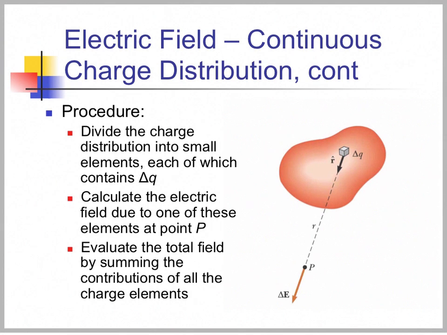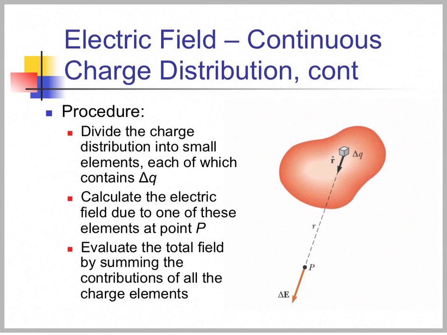So how do I figure out the electric field due to a continuous charge distribution? Well, let's look over here at this blob of charge. What we're going to do is, instead of worrying about all this charge, look at a very small piece of the charge. We'll say its charge is delta Q. So we're going to divide this charge distribution into small elements, each of which contains that same delta Q charge.